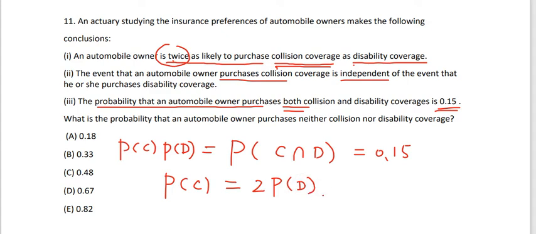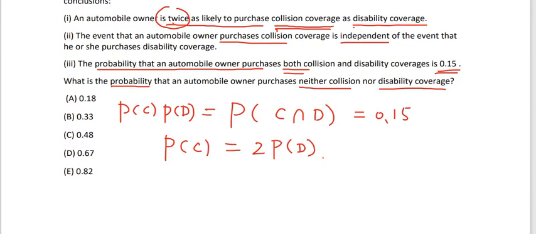Now we can find the probability we want. It is the probability of not C and not D. We are not buying either.